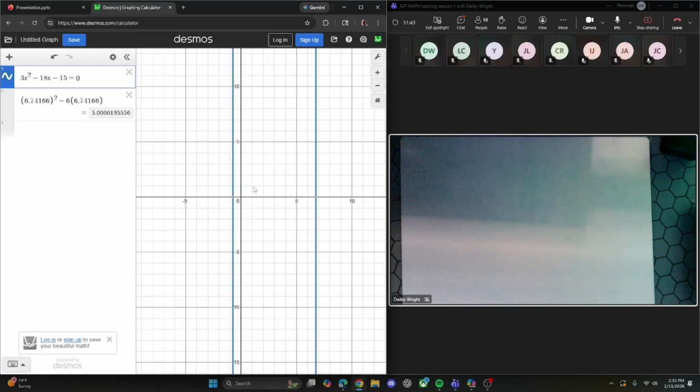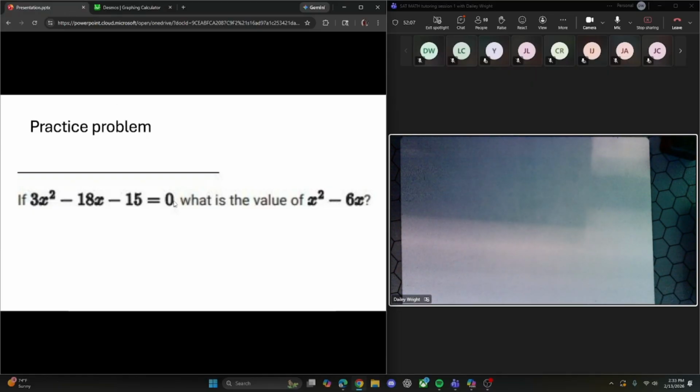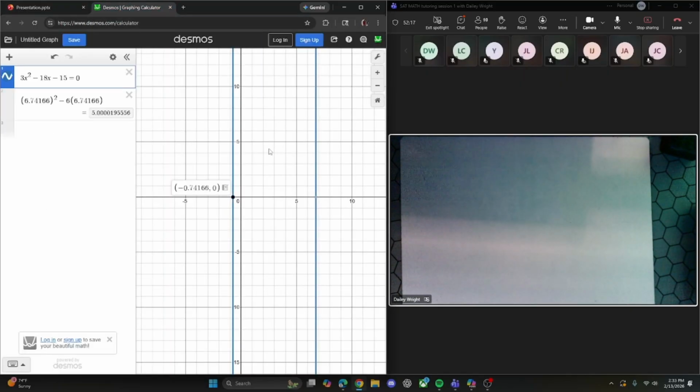Do you see these 2 big vertical lines? So this is this equation, and you get 2 x values. I always go with the positive one if it's asking for one thing, but you could go with either one. Basically, it says this equals 0, so it's asking you to find the x value of this, and then it's asking you to plug in x to x squared minus 6x.